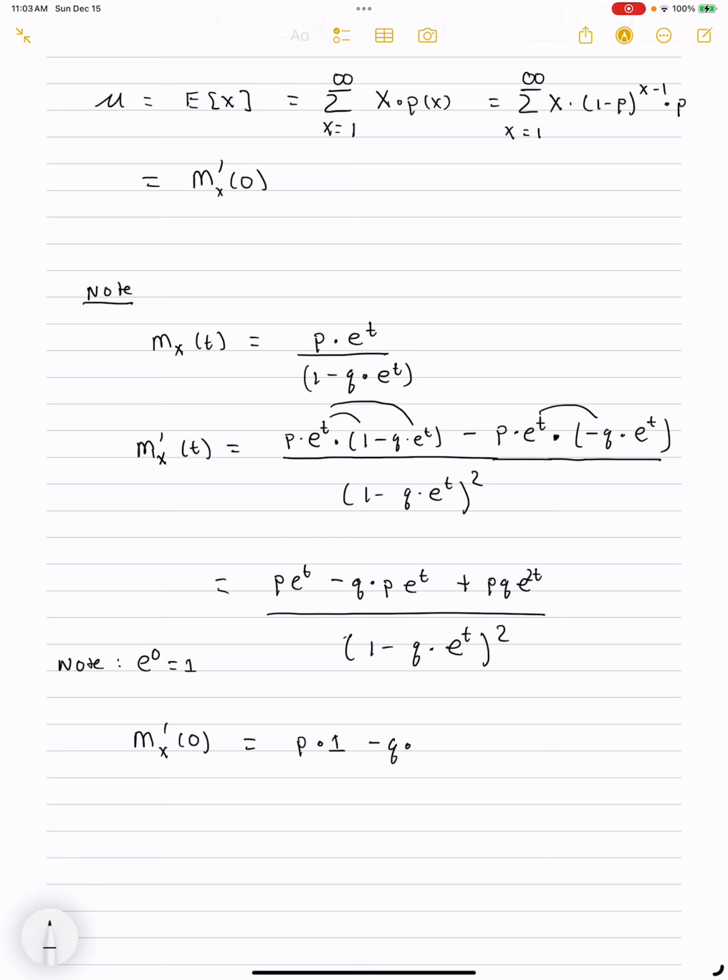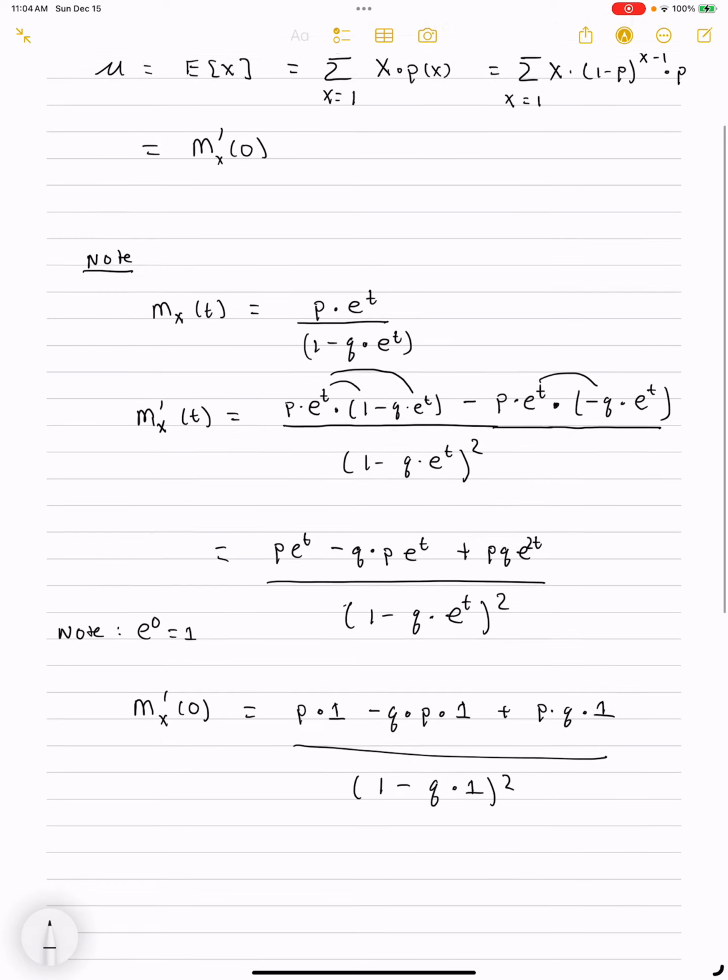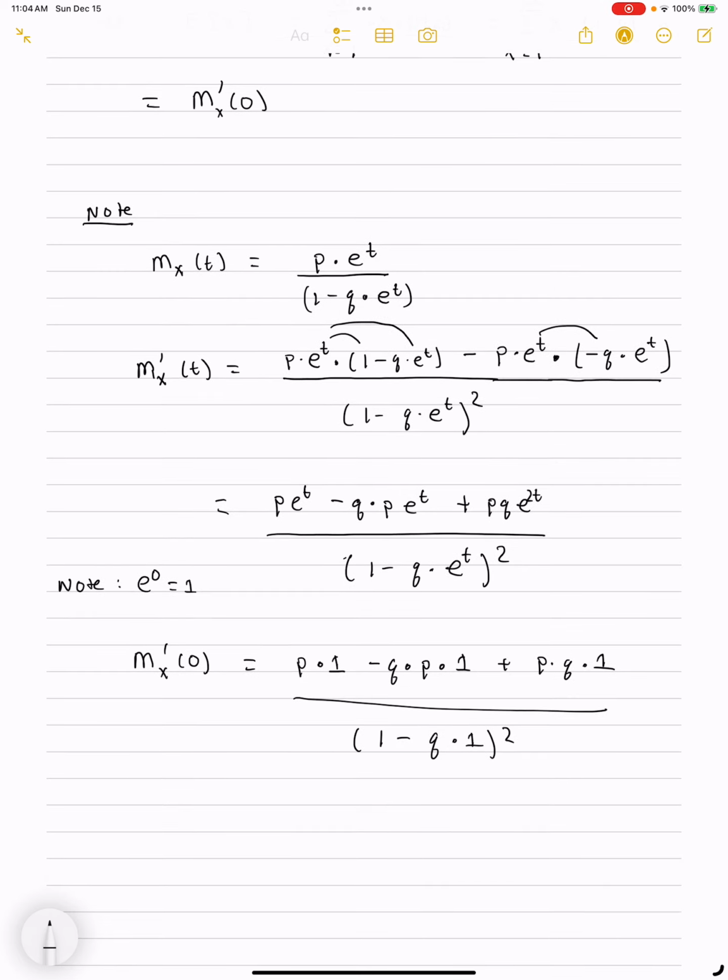Minus q times p times 1 plus p times q times 1, divided by 1 minus q times 1 squared. Okay, well that's fantastic. We should notice these two things cancel, and I'm just left with p divided by 1 minus q squared.